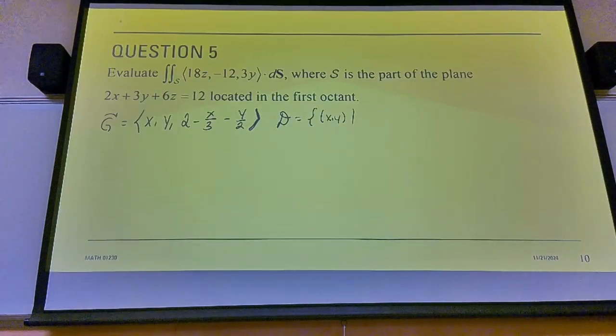You need a domain. X goes from 0 to 6, and then y from 0 to 4. If you plot it out, your domain is actually a triangular region.